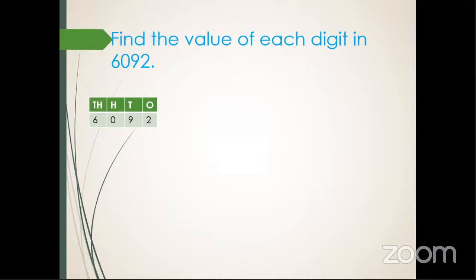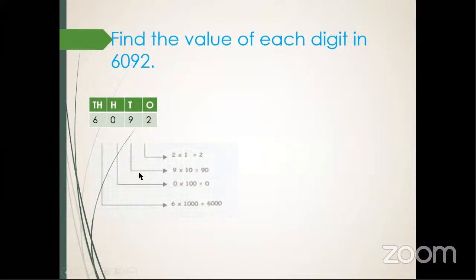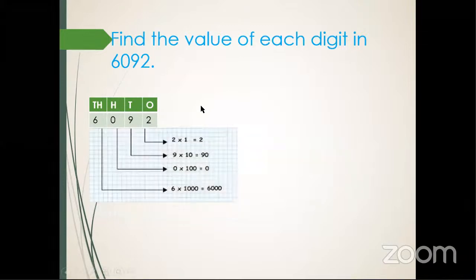The answer is 6,000. Beautiful. That's great. Thank you so much. So that's how we can get the value of 6, and that's how we can write and organize it so well. Who has a question about values?